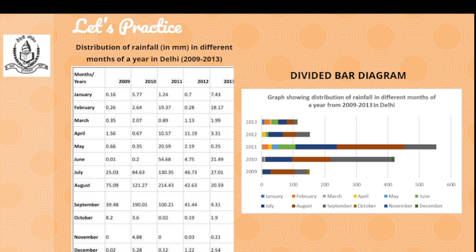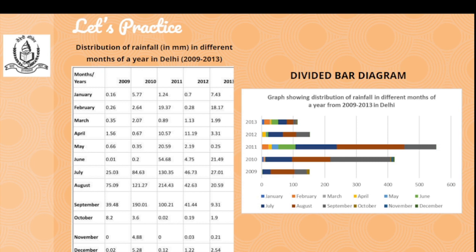Now, if we look at this data, one thing I would like to highlight, because here each variable or each category is divided into 12 different components, you will notice that in certain cases all the components are not being depicted with clarity, and this is what I had mentioned earlier. So this will be a limitation.